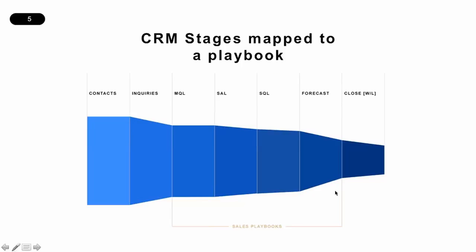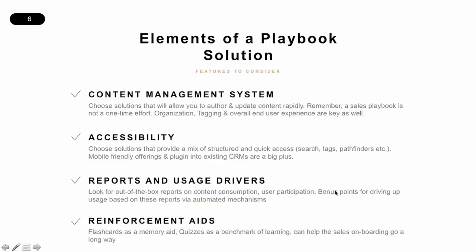Now, this is the heart of the webinar, which is the elements of a playbook solution. What are some of the features that you should consider when you're looking at a playbook solution? Number one, in our opinion, is the content management system.